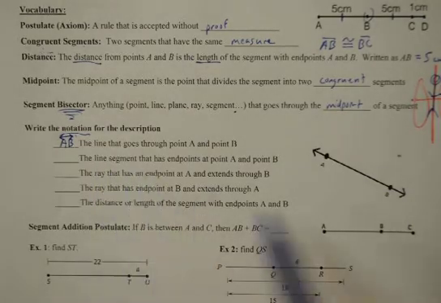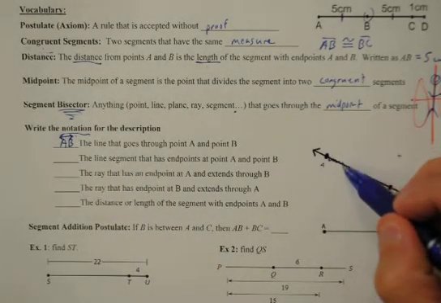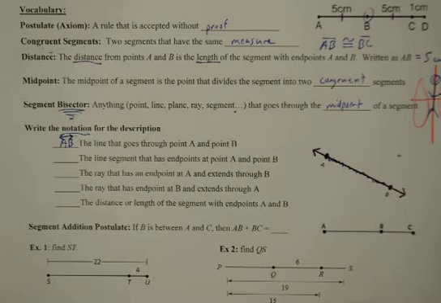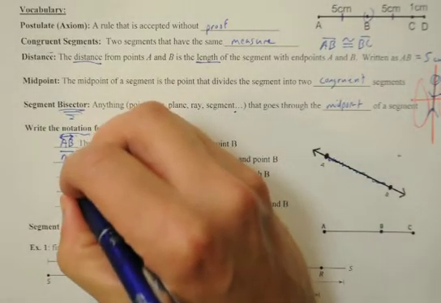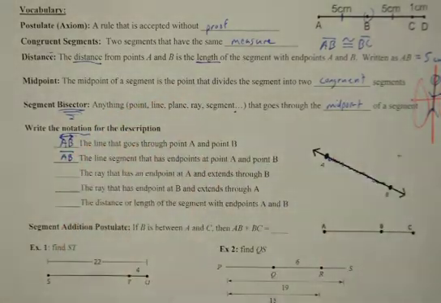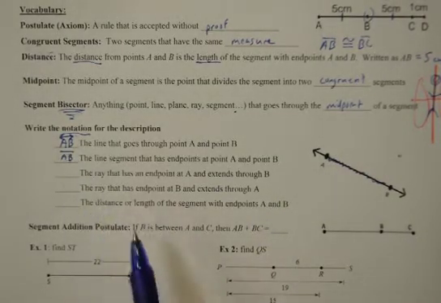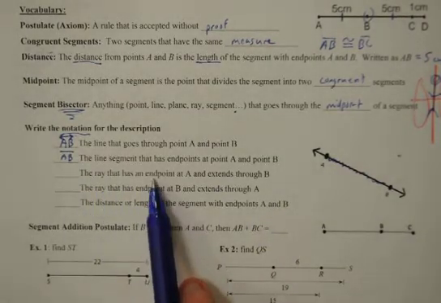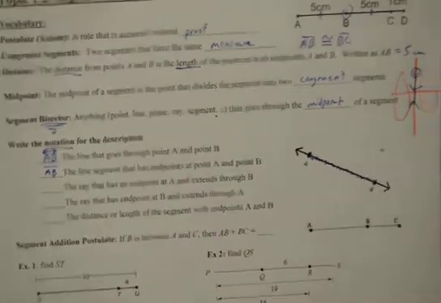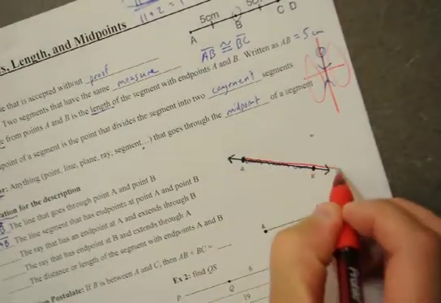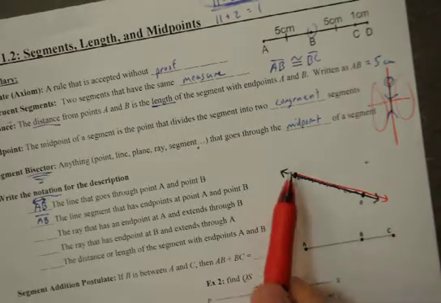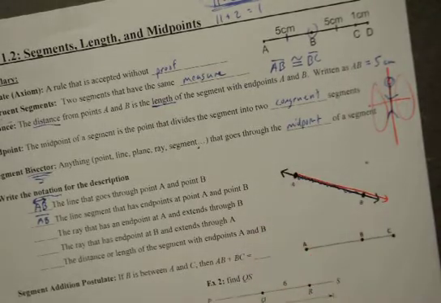Next is the segment. That's just including this part, it does not go on. We'll call that segment AB. It has endpoints A and B, so that's the symbol for that. The ray that has an endpoint A would be this ray right here. It starts at A and goes through B.